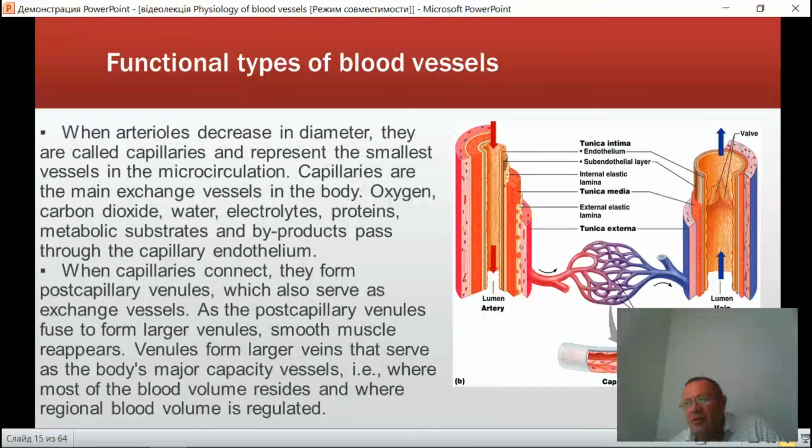Capillaries are the main exchange vessels in the body. Oxygen, carbon dioxide, water, electrolytes, proteins, metabolic substances, and byproducts pass through the capillary endothelium.